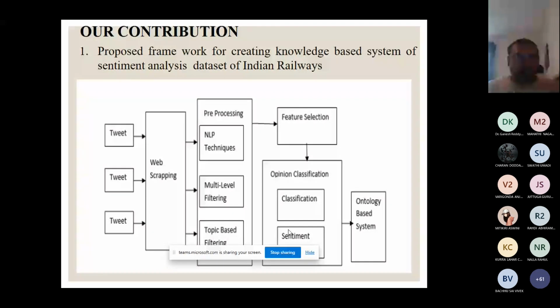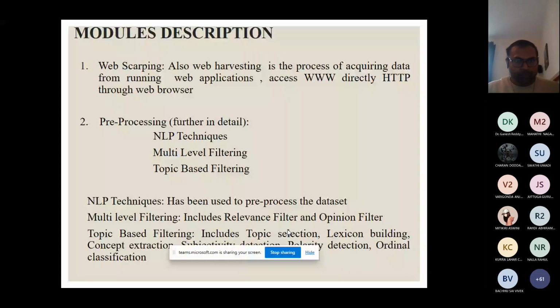So in my work, one module is web scraping, as I told you. Then pre-processing with NLP techniques, like multi-level filtering and topic based filtering. The multi-level filtering is nothing but that I have concentrated on Indian railway tweets. We have to concentrate on the tweets which are in the domain of Indian railway, and which are relevant to my work, based on punctuality, staff behavior, security, cleanliness, and food quality of the train.